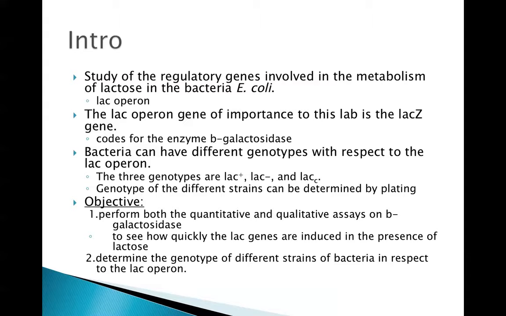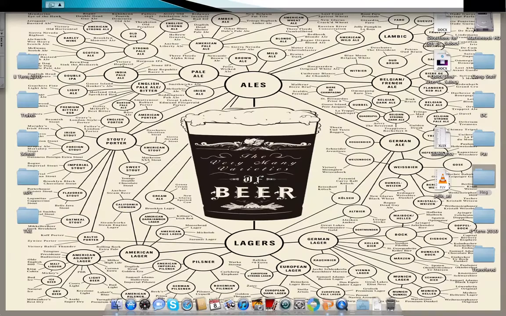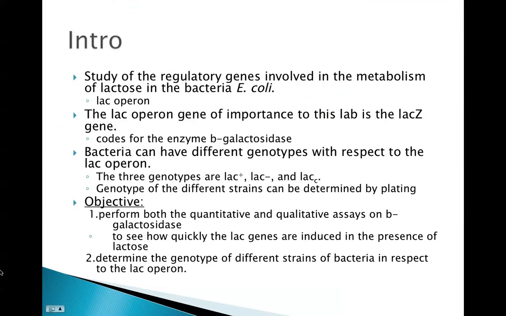Bacteria can have different genotypes, which is tested for in the second part of the lab, and the three genotypes are lac positive, lac minus, and lac C. So the objectives of this lab are to perform both a quantitative and qualitative assay on beta-galactosidase activity to see how quickly the lac genes are induced in the presence of lactose, and also to determine the genotypes of different strains of bacteria with respect to the lac operon.